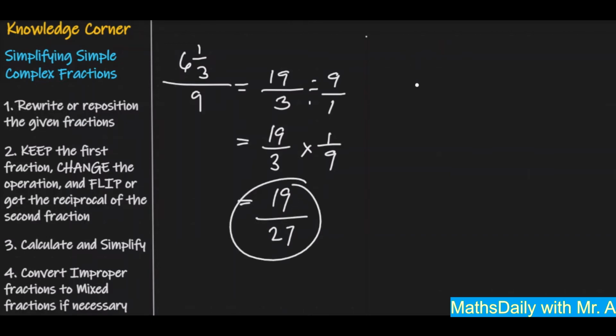Let's have another example. 12 divided by 5 and 5/8. Let's convert the mixed fraction to an improper fraction first.